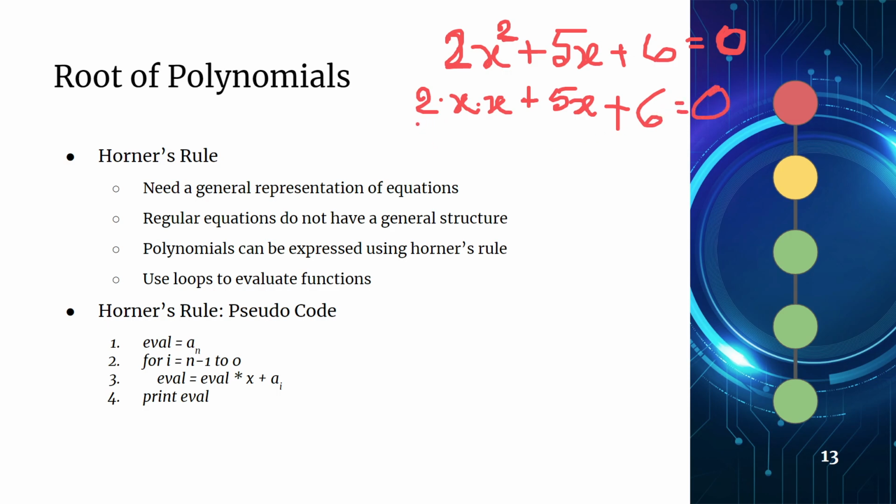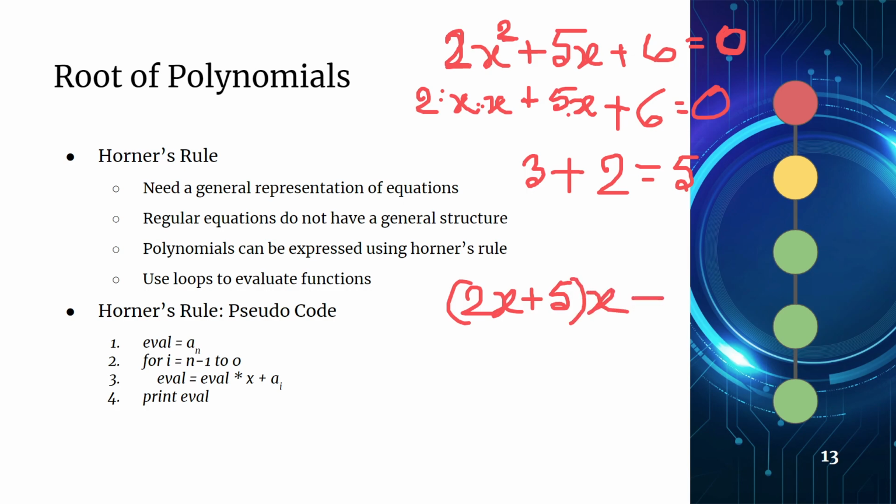So over here we can see there's 1 2 3 multiplication operations, plus we can see there's 1 2 addition operations, which make it 5 operations in total. Okay, now if we just write the equation like this, twice x plus 5 into x plus 6 equals to 0.